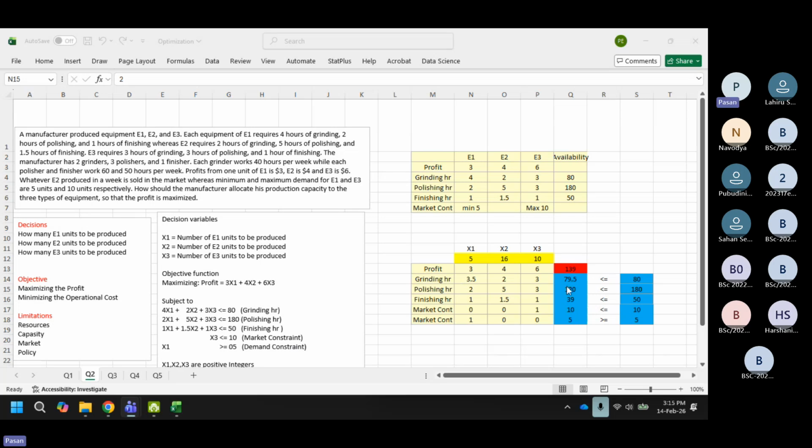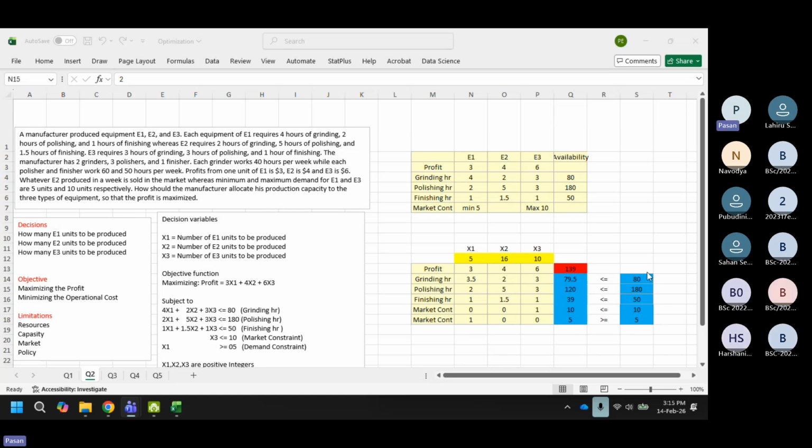Some resources are kind of idle, and may not be used that much. It's only 120 out of 180, right? So that means polishing resources are kind of too much, and they might not be used that much.